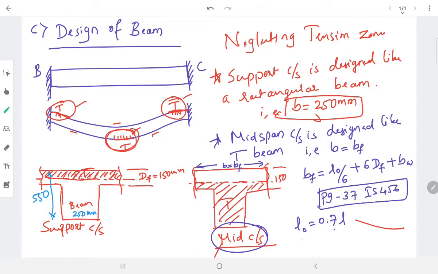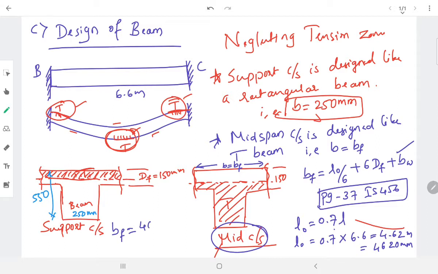So calculate this, L0 equals 0.7 times the length of the beam. Beam length is 6.6 meter, as we know, and it comes around 4.62 meter, that is 4620 mm. Therefore, BF equals, you just write down this formula and substitute the values.